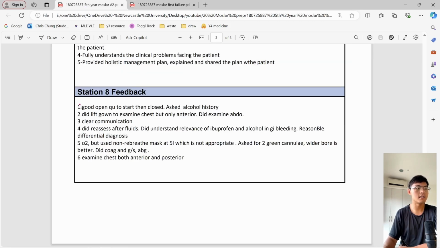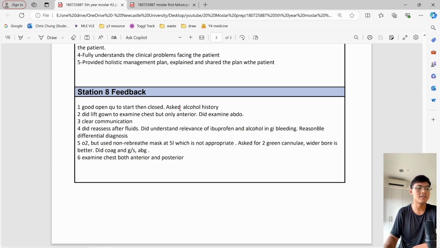But on the second one, which is an upper GI bleed, it was a 60-ish male with vomiting of blood, a recent significant high intake of alcohol for the past week, and ibuprofen used without PPI for his knee pain. That sounds like an upper GI bleed, doesn't it?